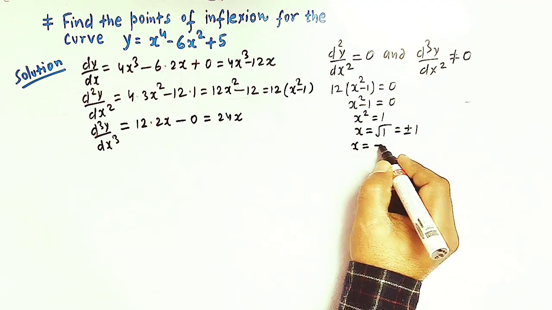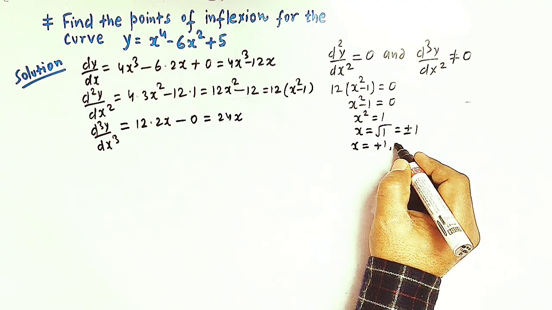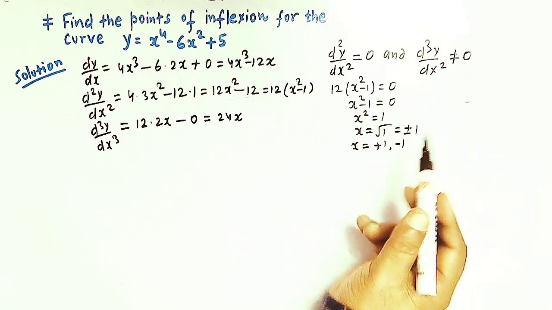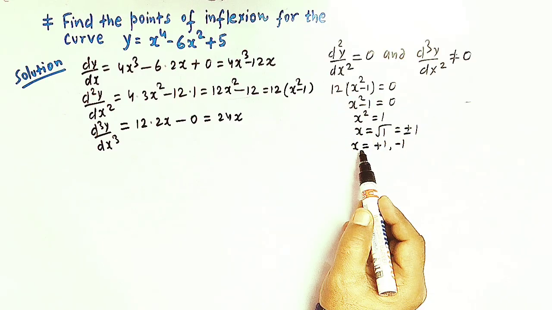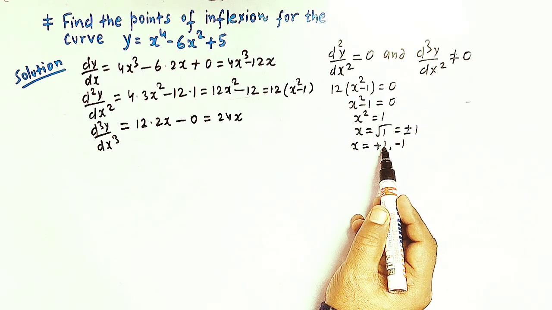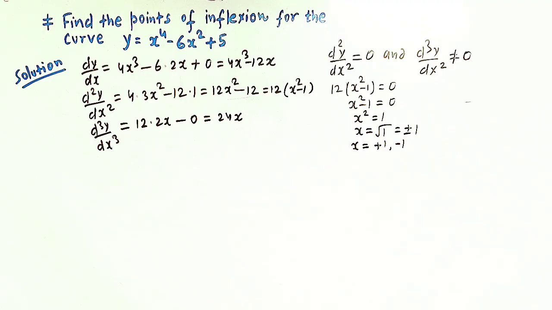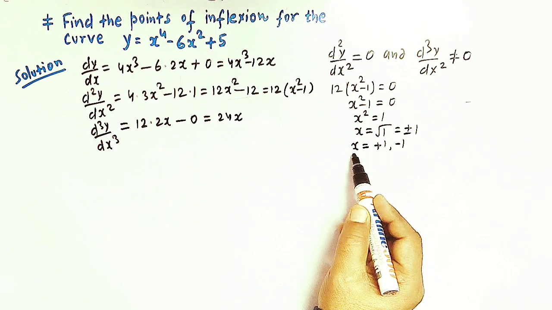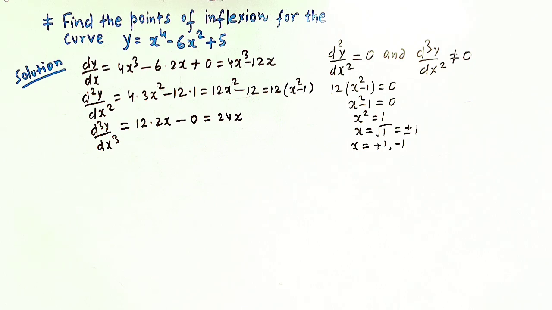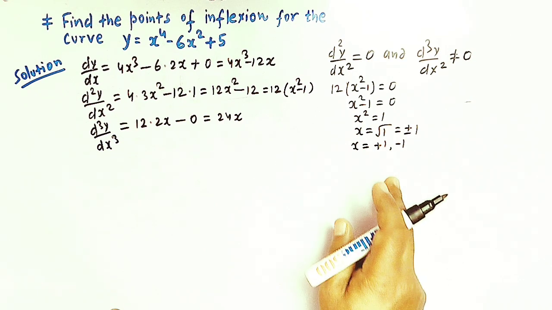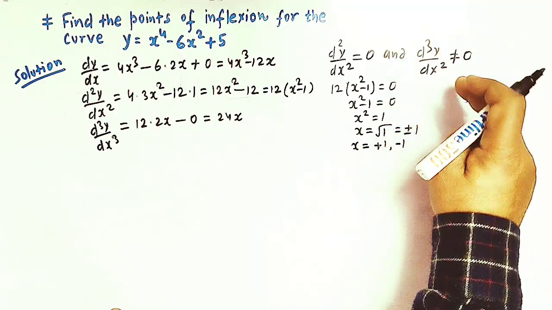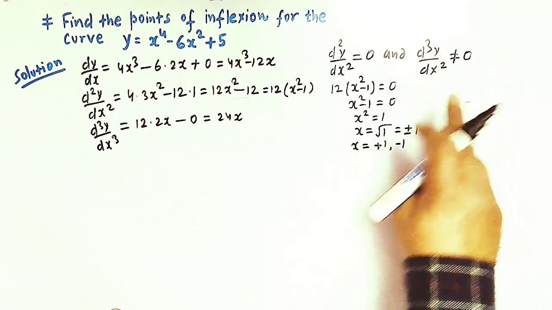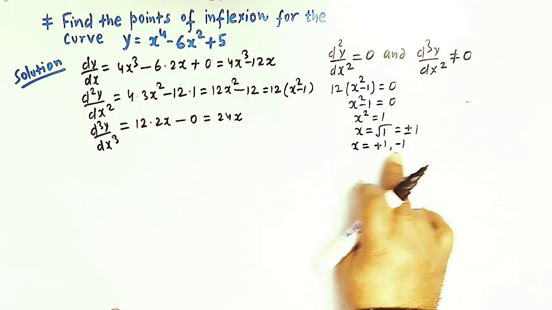So here we have two values of x, that is x is equal to plus 1 and x is equal to minus 1. So we have 2 points of inflection, that is x is equal to 1 and x is equal to minus 1. So now let us show that the third derivative is not equal to 0 at these 2 points, right?